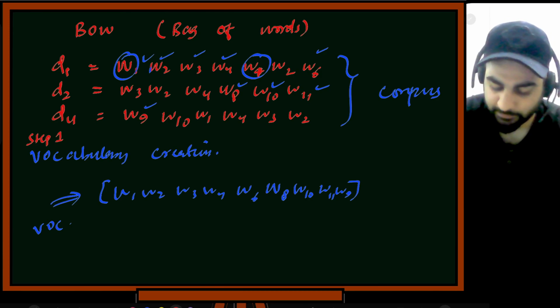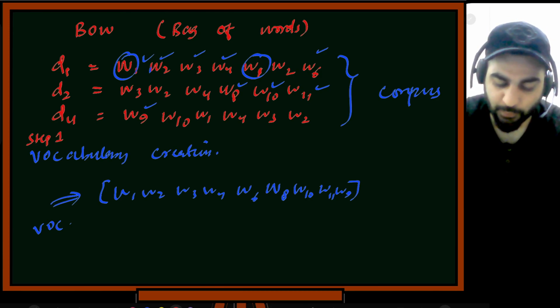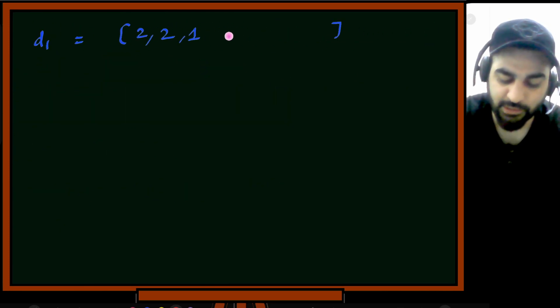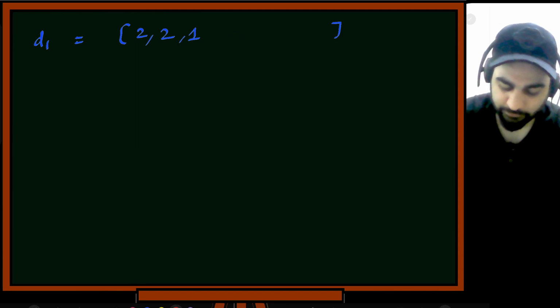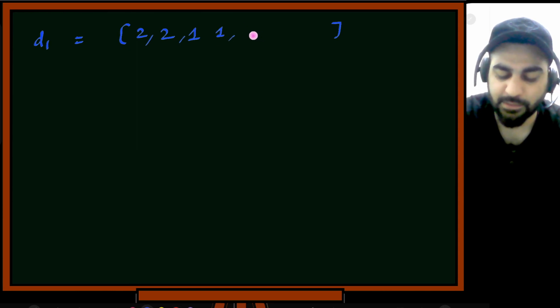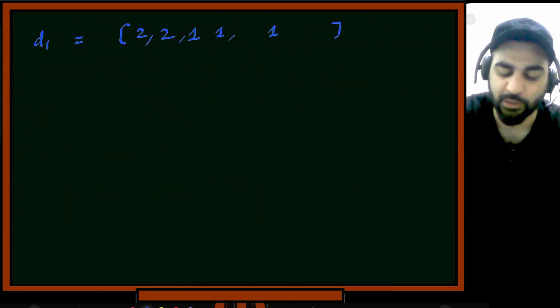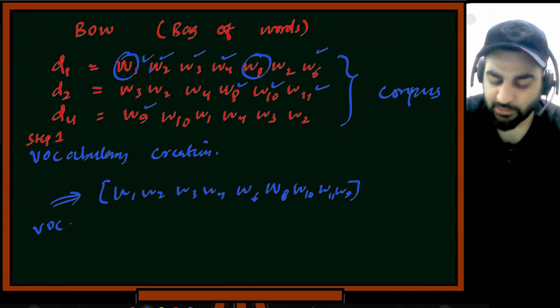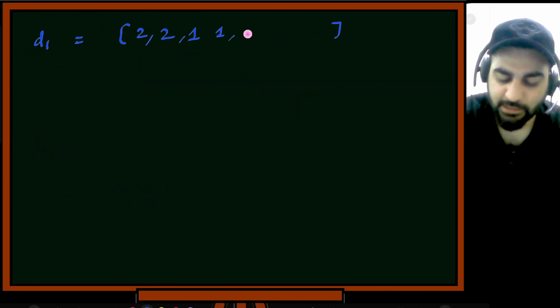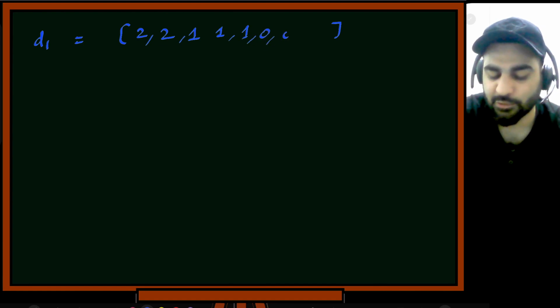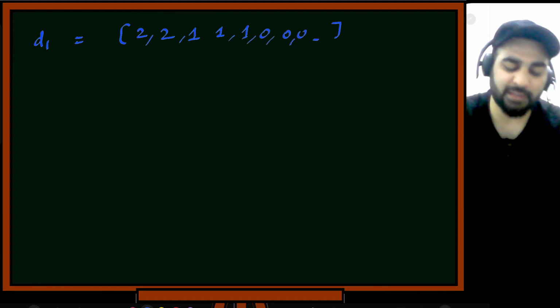So W3 is 1 time, W4 is 1 time, and W5 is 0 times. W6 is 1 time, because W5 we don't even have in the vocabulary, so we need not write 0 over here. So W6 is 1 time, and then 0 0 0 0, because there is no word like this. This is the vector representation.